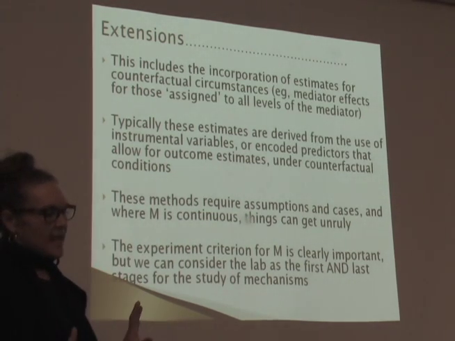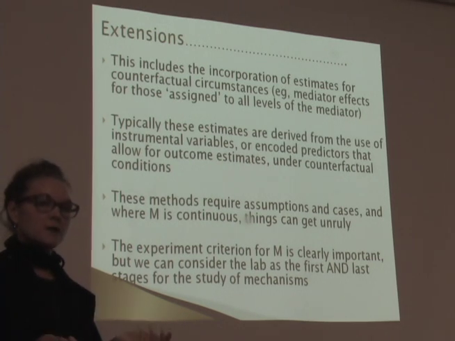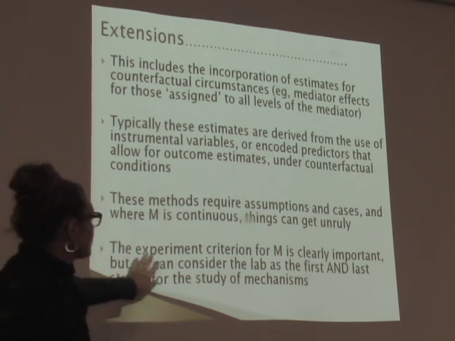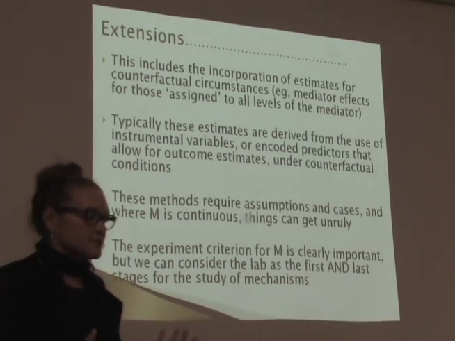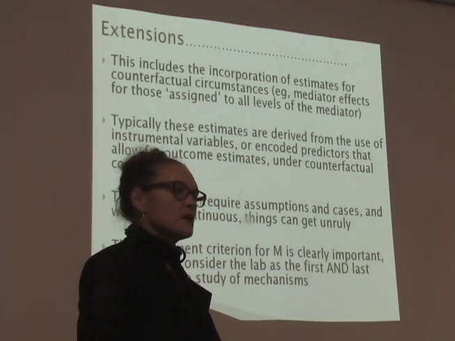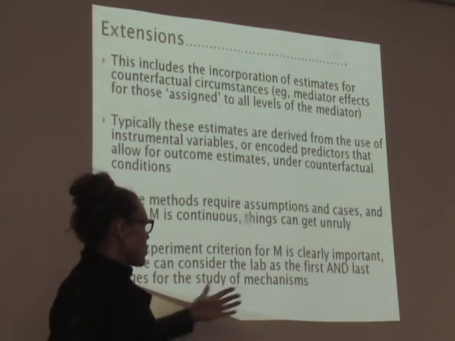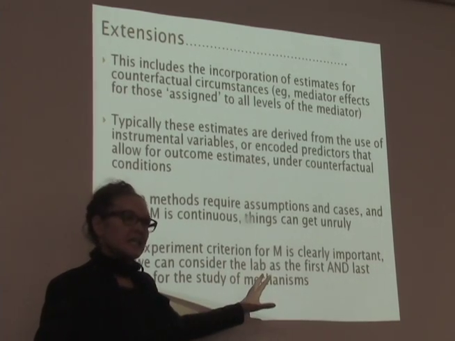In terms of the issue of not randomizing M, the experimental criterion for M is clearly important, but I kind of go back to the CAST and Knock incremental criteria, and I think about basic research, the lab studying the mechanism in the beginning.